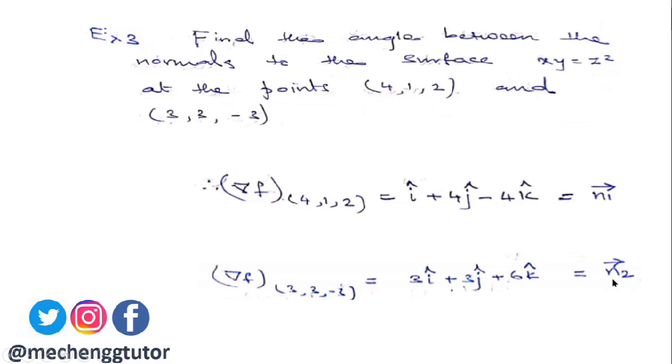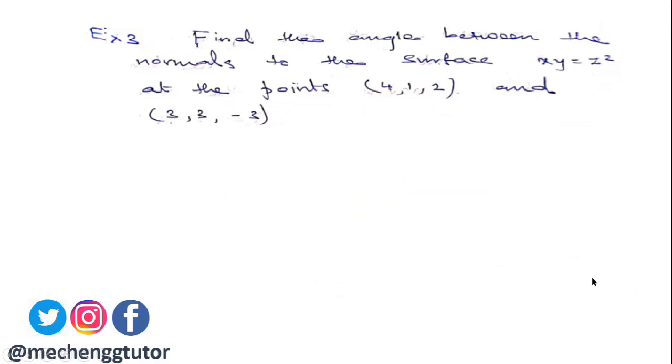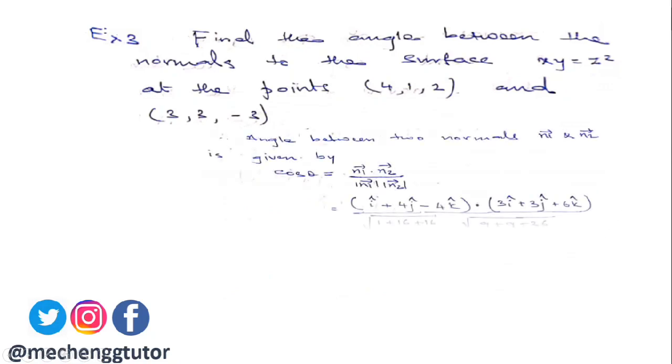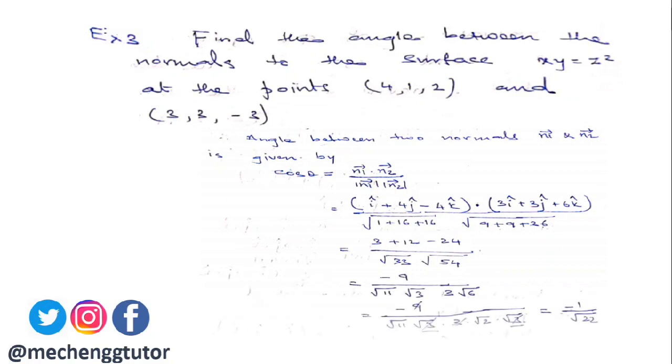Now lastly, you have to find the angle between the two vectors, these two normals. Therefore, the angle between two normals n1 bar and n2 bar is given by the same formula, cos theta is equal to n1 bar dot n2 bar upon magnitude of n1 bar into magnitude of n2 bar. Substitute the values here.